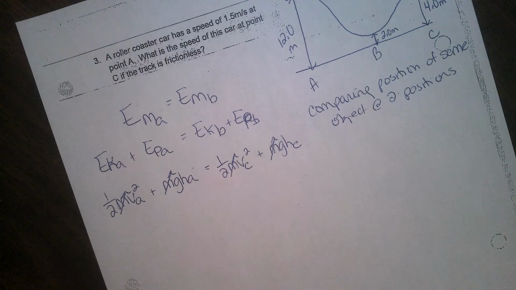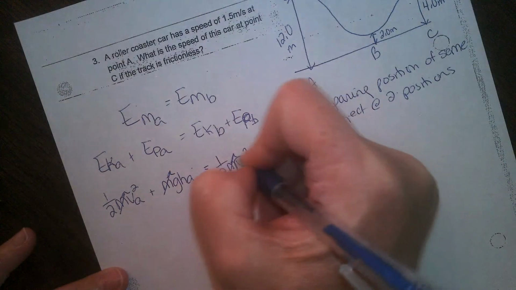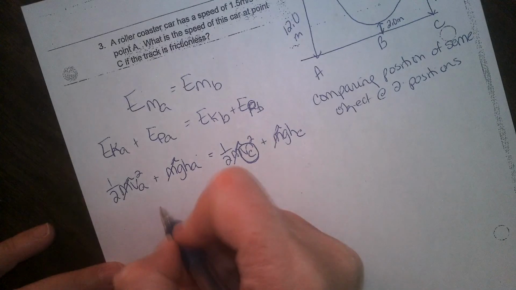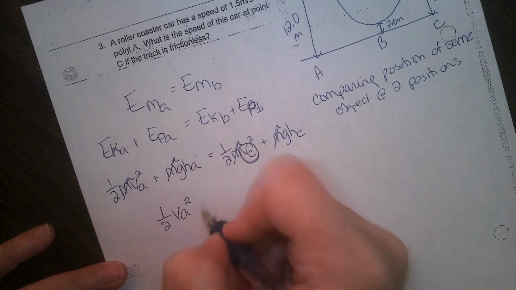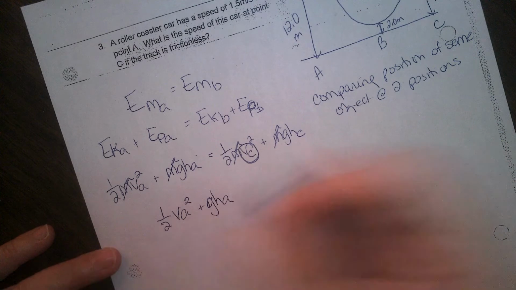What is it that we're looking for? We're looking for the speed at point C. So let's start rearranging this formula. There's a lot of letters and a lot of movement. We're going to have 1/2 VA squared plus gha.